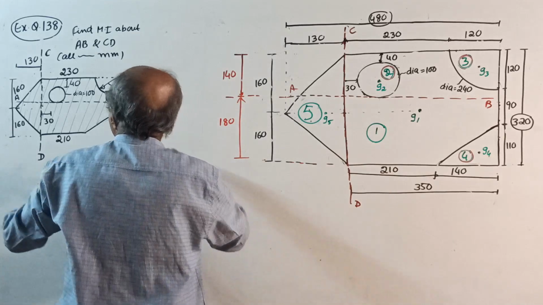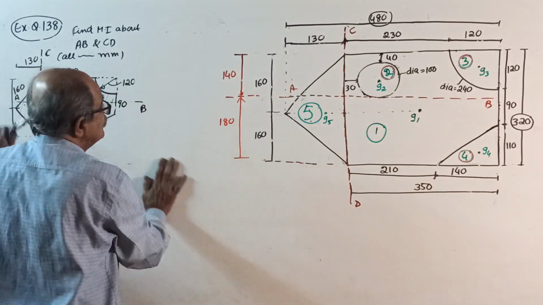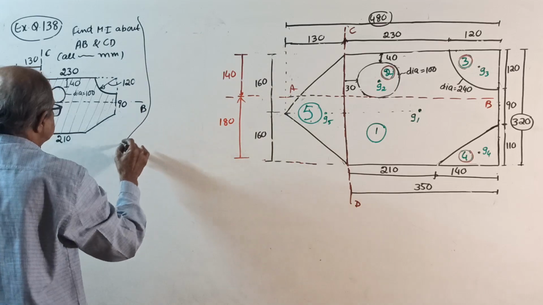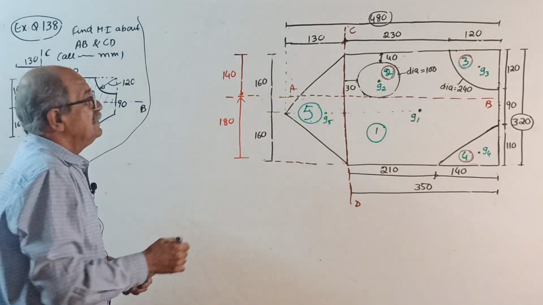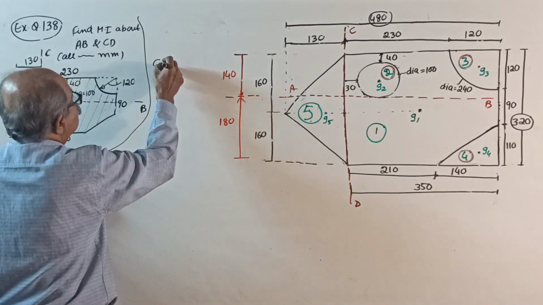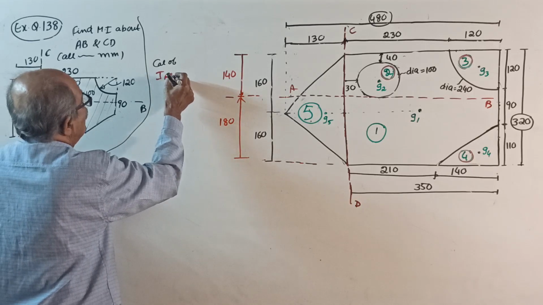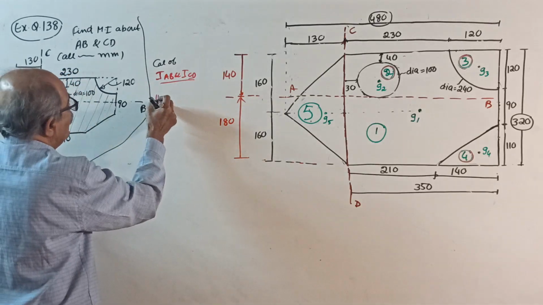Okay. This sketch I am not removing, I want this sketch for some reason. Leave it. Now write the calculation of I about AB and I about CD. Use the parallel axis theorem.